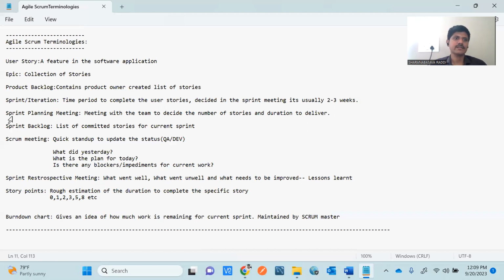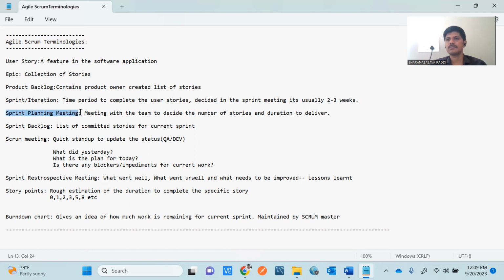Next, sprint planning meeting. Here the team decides the number of stories and the duration to deliver.